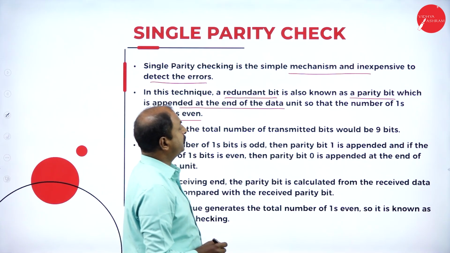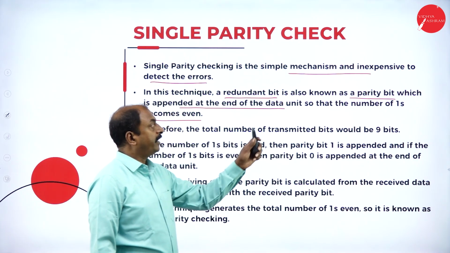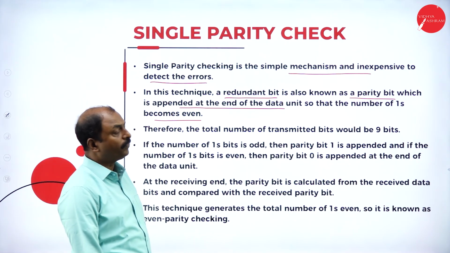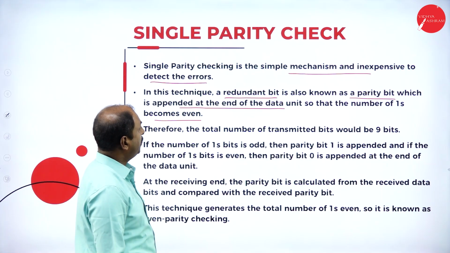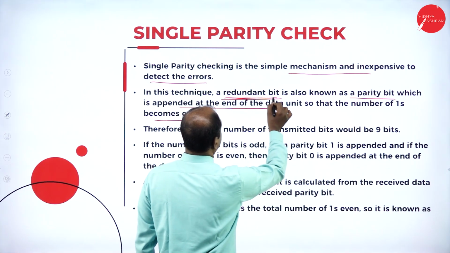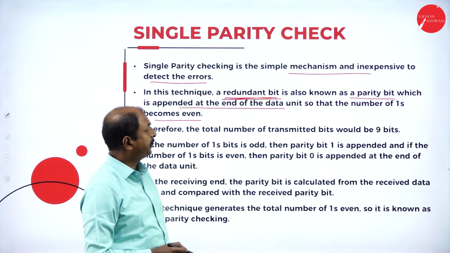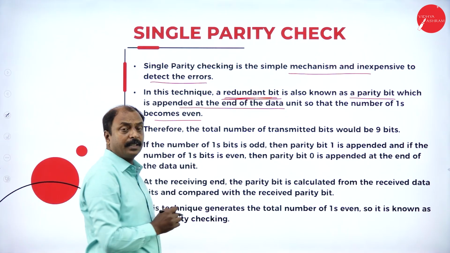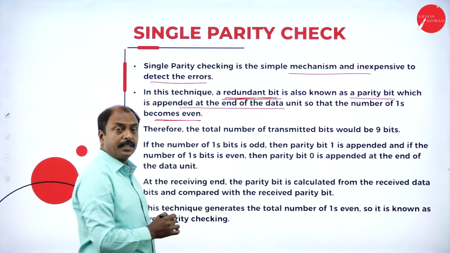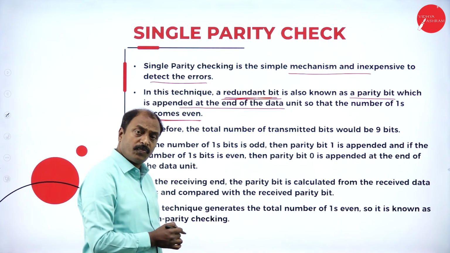As you know, the data is transmitting in the network in the form of packets or a group of frames. So another bit called a parity bit or redundant bit is appended along with the data so that it makes the number of ones even in the data frame.